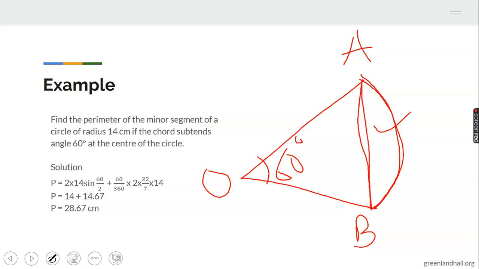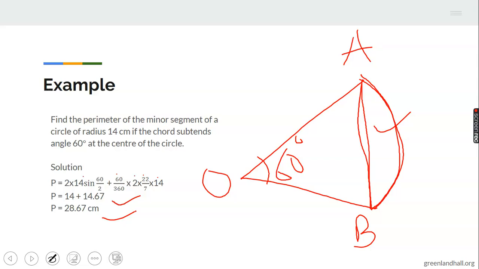So the length of the chord, 2 times the radius, sine 60 over 2, plus 60 over 360 times 2 pi, which will be 2 times 22 over 7, then times 14. Simplifying this will give us 14 plus 14.67. Adding them together, we have this.